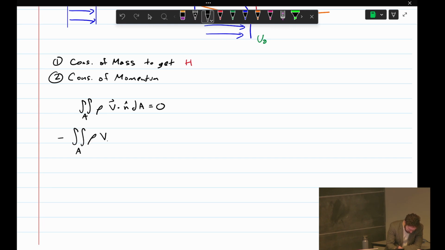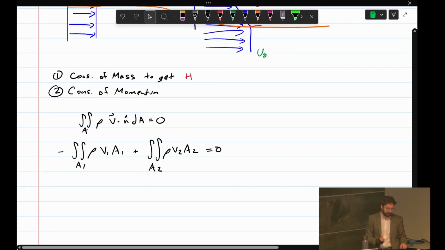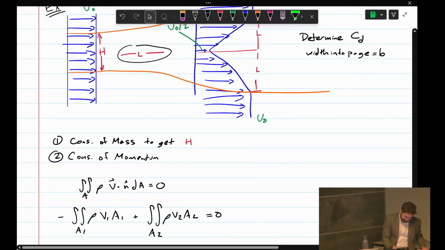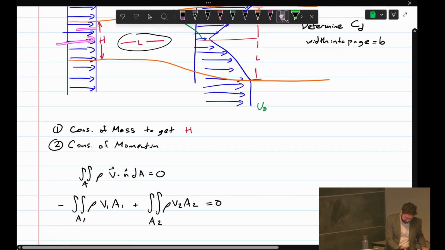So V1A1. Okay, I'm going to pause. This is going to be a major source of error for you guys. So this V dot N at the inlet of our CV is negative, right?